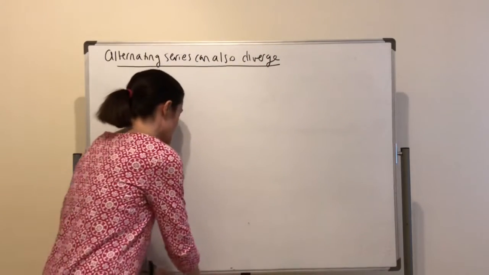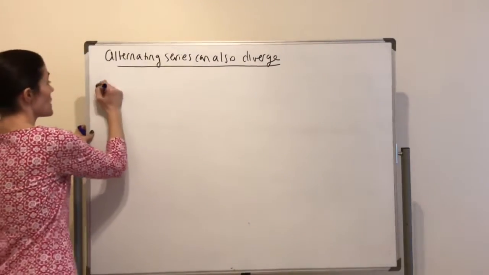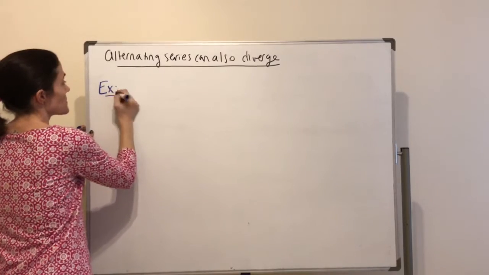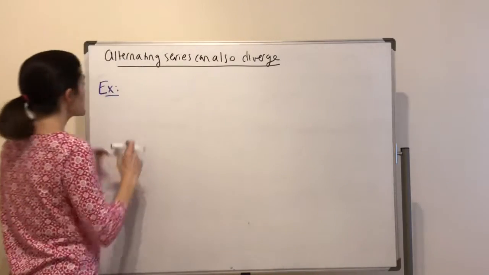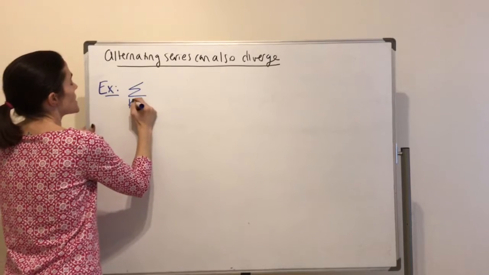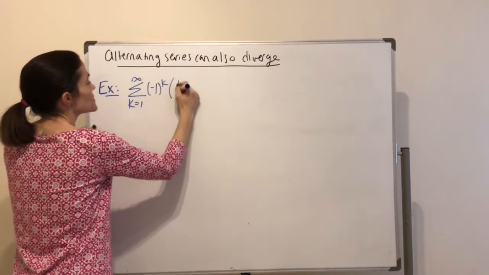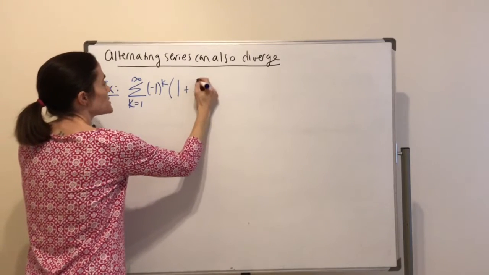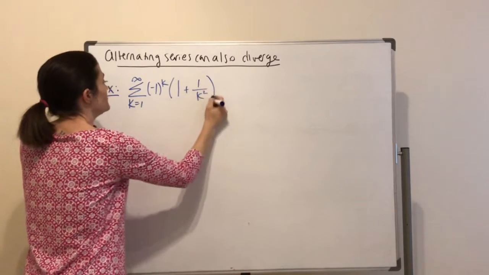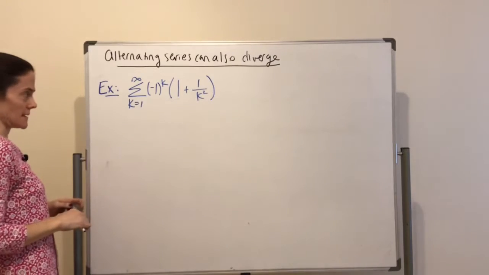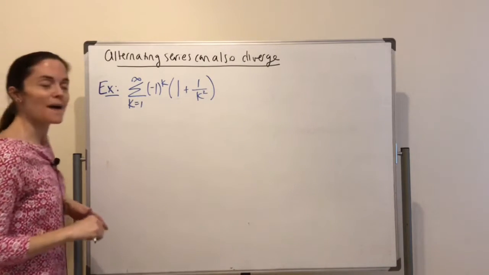So let's see an example where we have an alternating series that diverges. Something of this form, say k equals 1 to infinity of (-1)^k times (1 plus 1 over k squared). Something like this.